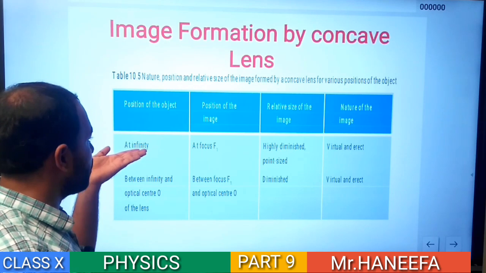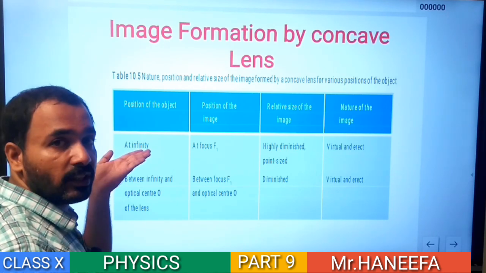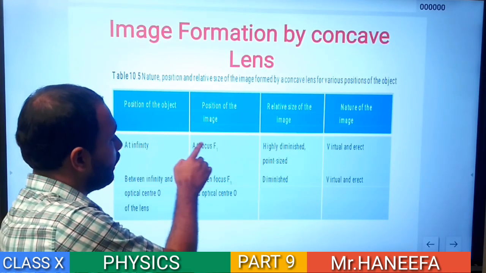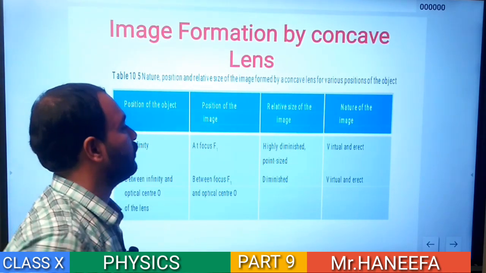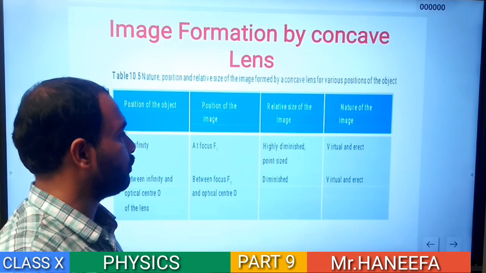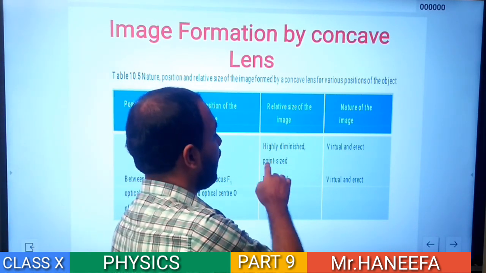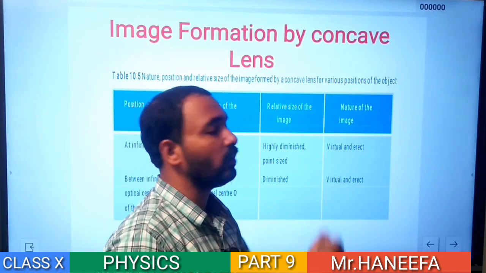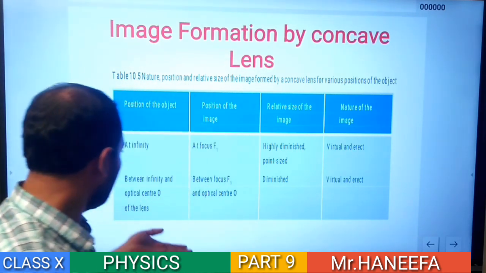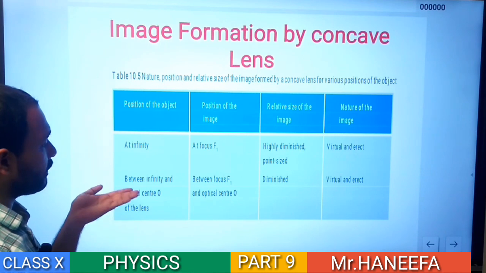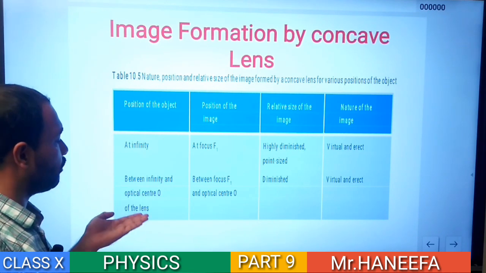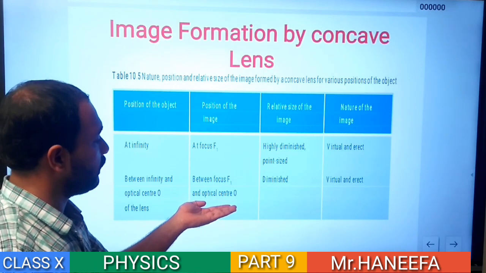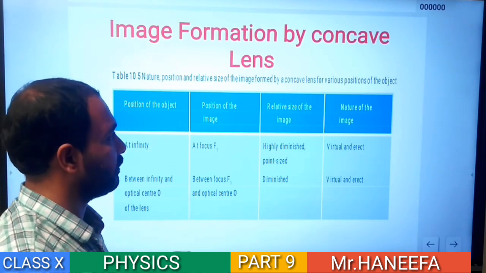If the object is placed at infinity, the image is formed at F1. The image is highly diminished and point sized. Nature of the image is virtual and erect. If the object is placed between infinity and optical center of the lens, the image is formed between F1 and optical center.